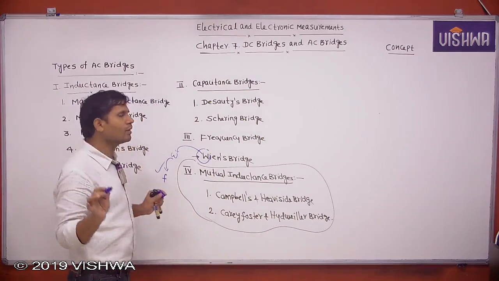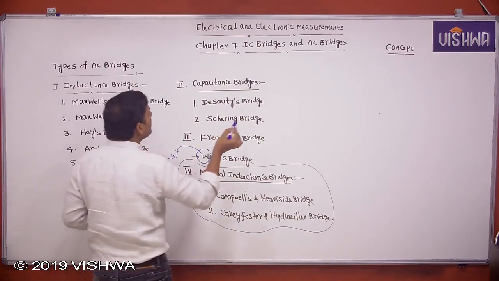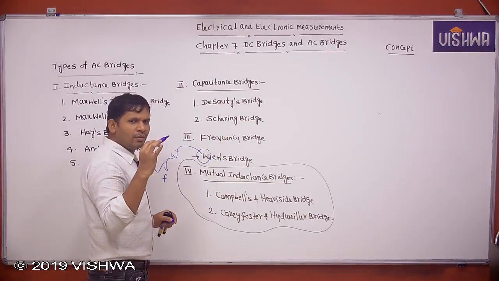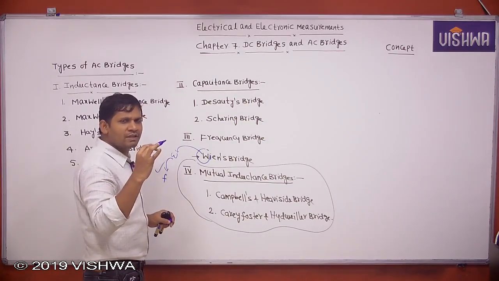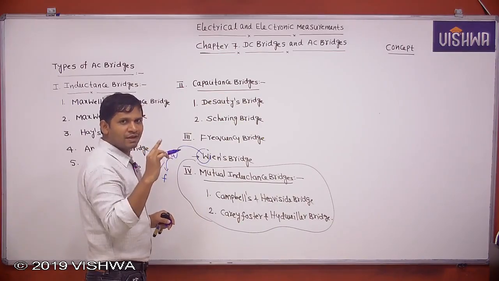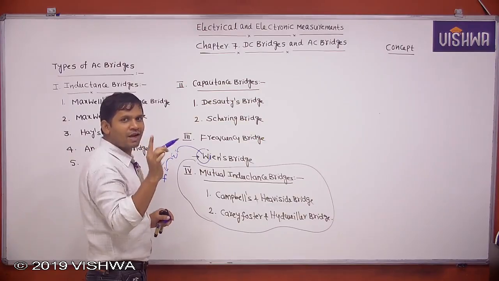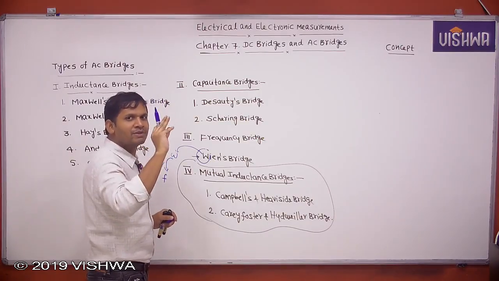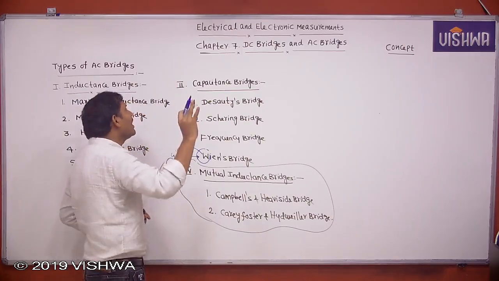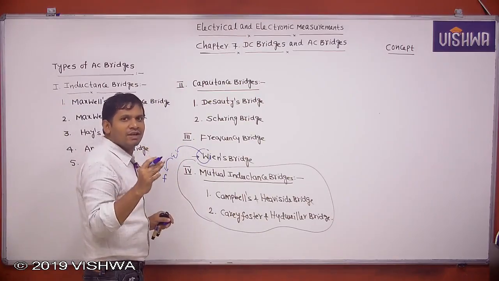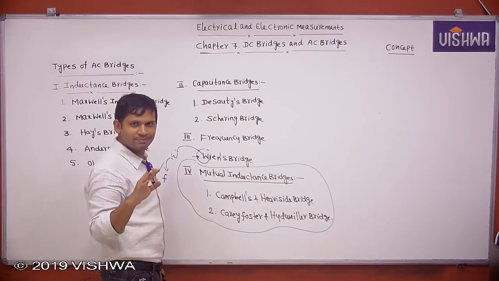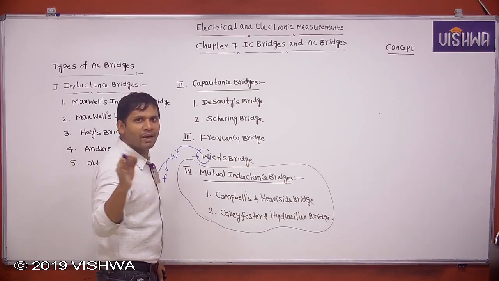Next, how to remember capacitance bridges? In capacitance, you know the property of a capacitor is charging and discharging. Remember the term discharging. Okay, this is not a concept. For remembering purposes, from a competitive, objective point of view, I am telling this. Capacitance has the concept of charging and discharging. DS bridges are capacitance bridges.